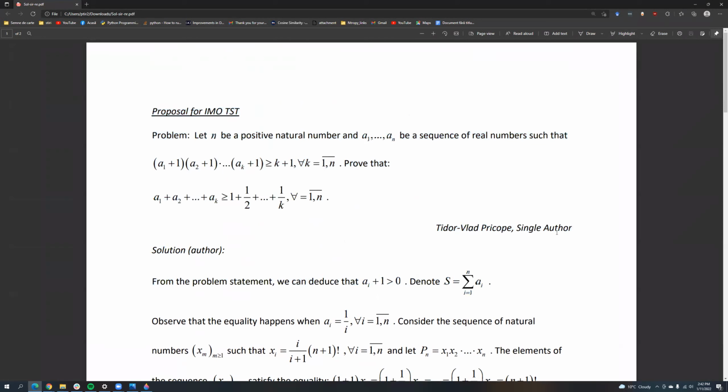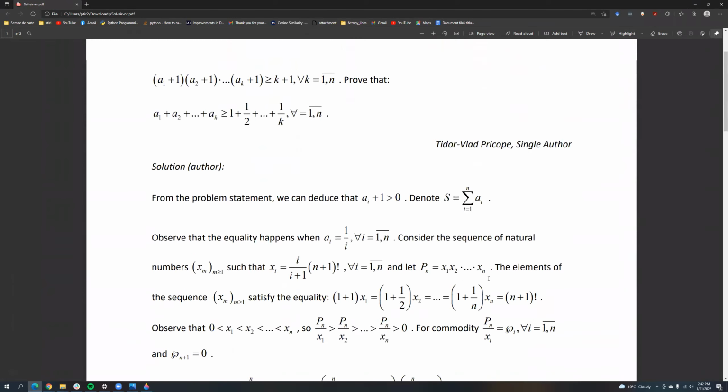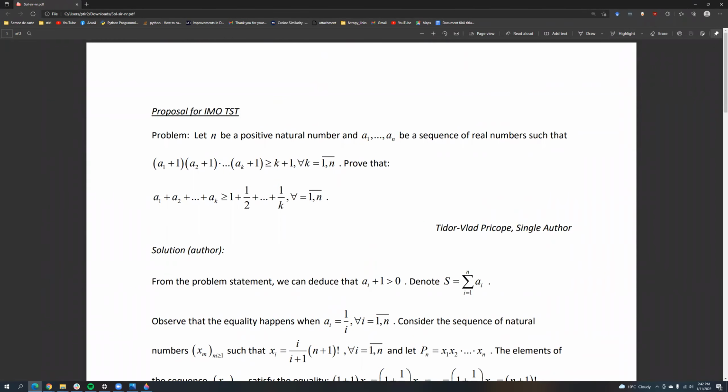Of course, I'm not going to hit you with this, but that's how it looks, and that's basically the proof. I guess I can put it in the chat if somebody's curious to read it in full. That's the problem that I proposed when I was at my peak.